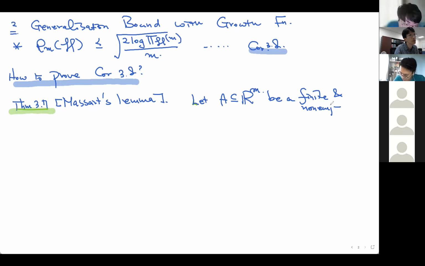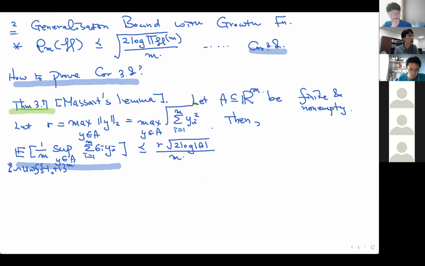Now, if you look at this lemma, one thing that you can see is that the right-hand side looks a bit similar to what appears in the Rademacher complexity. In the Rademacher complexity, this yi is obtained by applying some hypothesis to xi. So this y is generated by applying a specific hypothesis to every input x1 to xm.